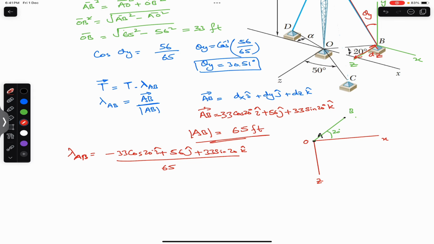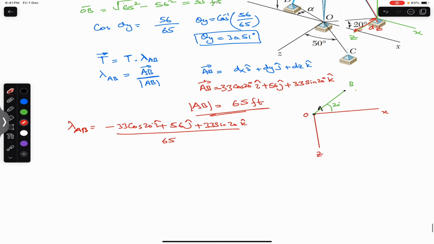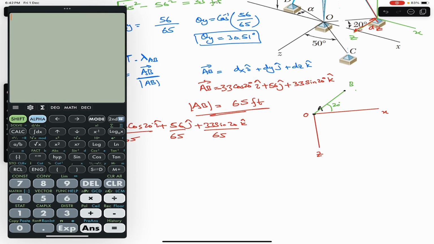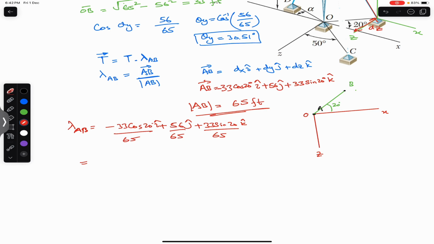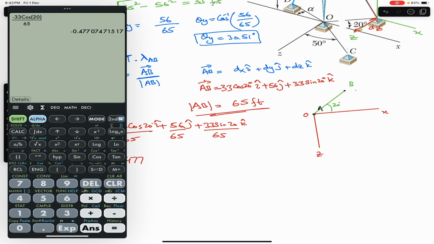And similarly, if I divide all the components of AB by 65, so minus 33 cos of 20 divided by 65, this gives us minus 0.477 i.